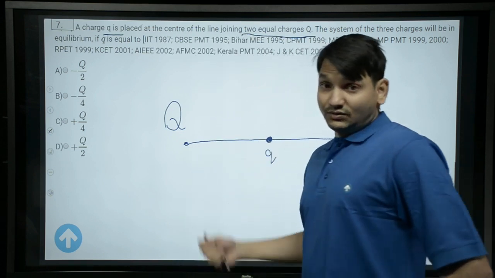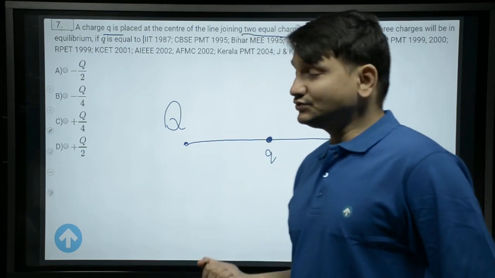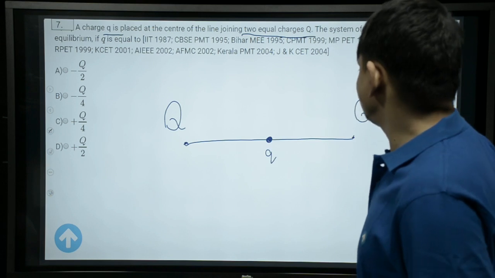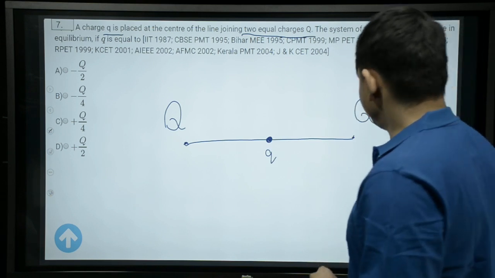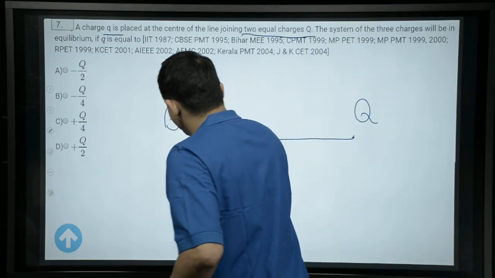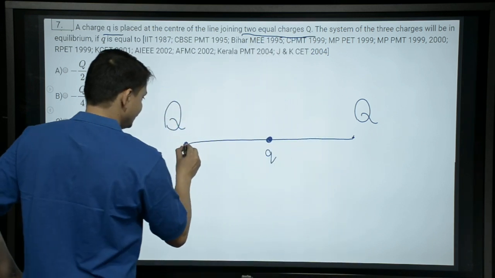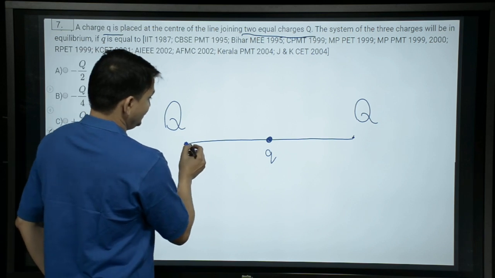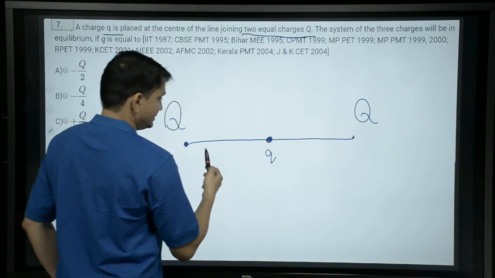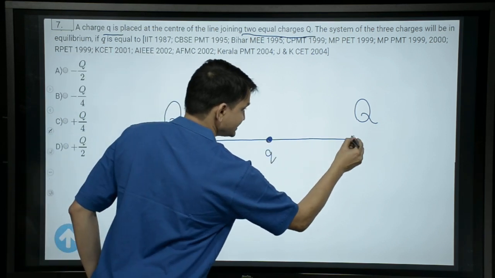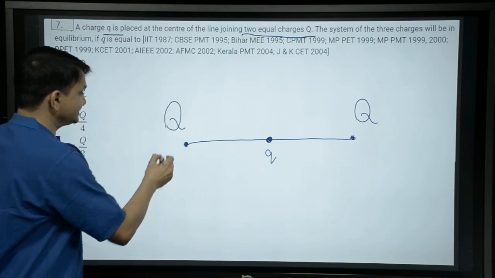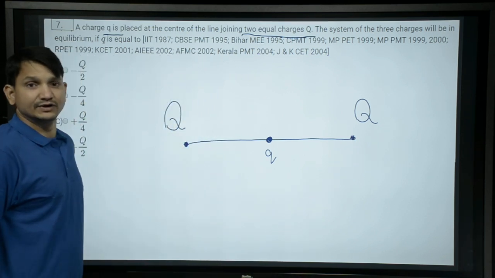And now consider in what situation the three charges would be in equilibrium. So consider this charge. The force acting on this charge would be the same by this and opposite. That is why this will be stagnant at this point, right?